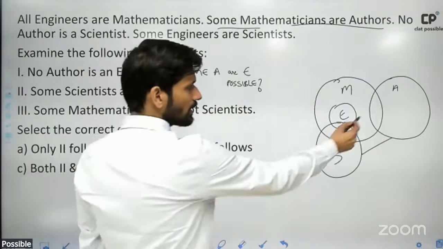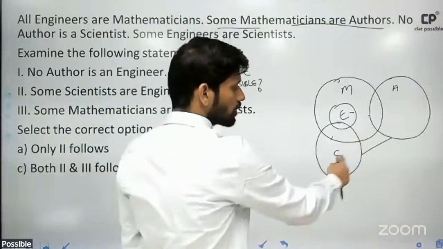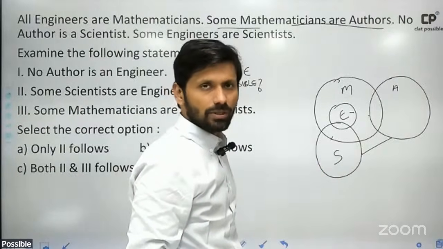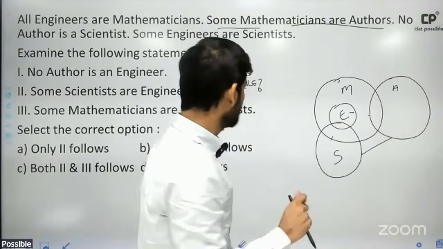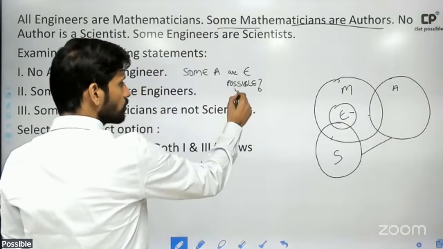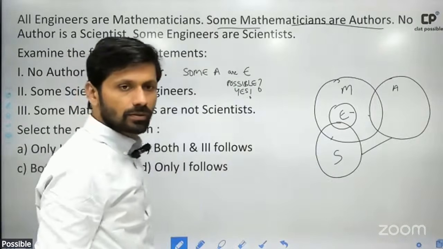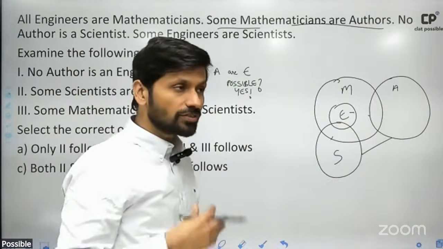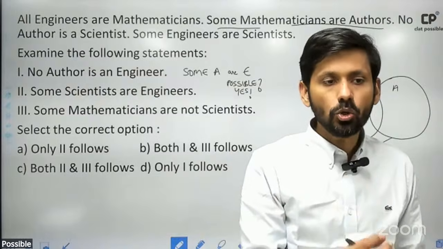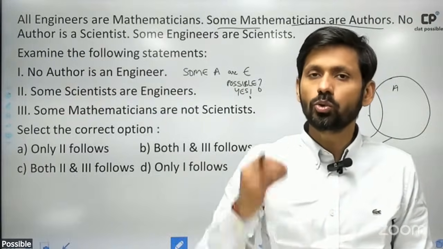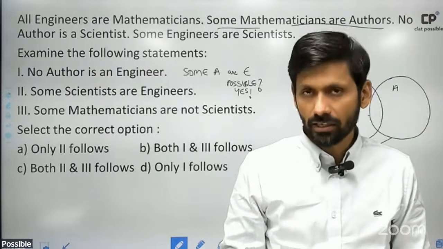Yes, of course. This circle and this circle can overlap. The only condition is कि author और scientist में overlap नहीं होगा. Author and engineer can overlap. Some overlap can happen. So we are saying yes to this. Yes, this is possible. So if some engineers are authors is a possibility, no author is an engineer is also only a possibility. It does not necessarily follow.